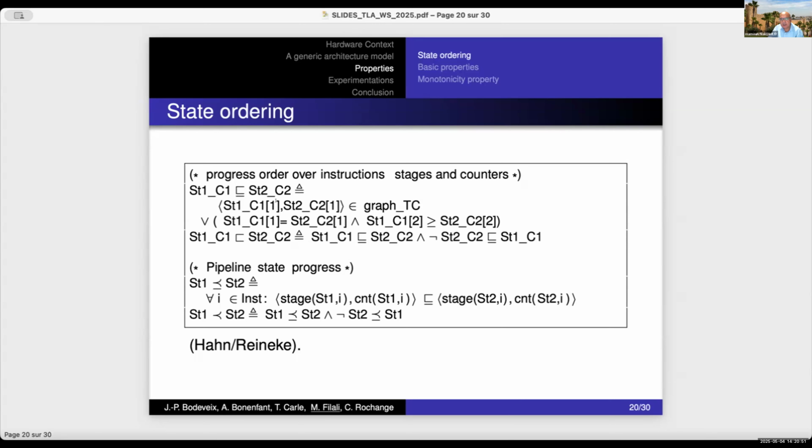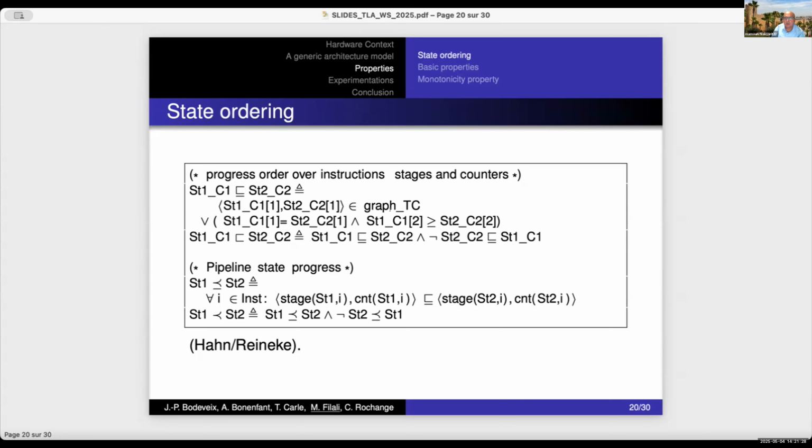Intuitively, this predicate says that this couple stage counter is behind the other couple. It is behind because either the couple of stages belongs to the edges of the graph, or we have instructions on the same stage, but instruction 1 has spent more time in this stage because its counter is greater than the counter of the second instruction.